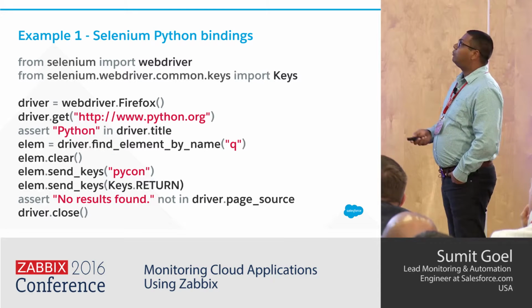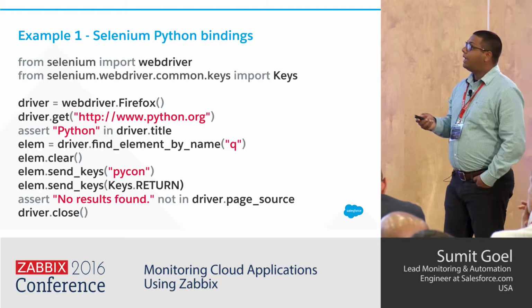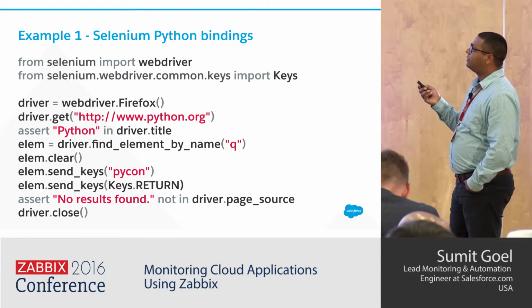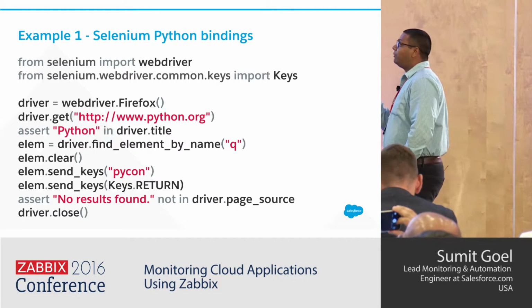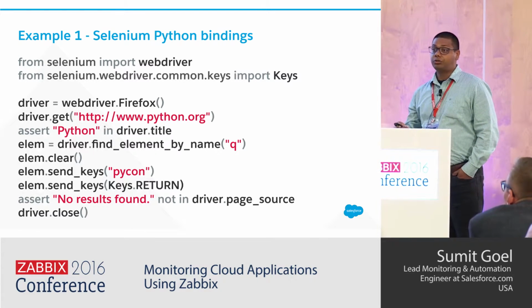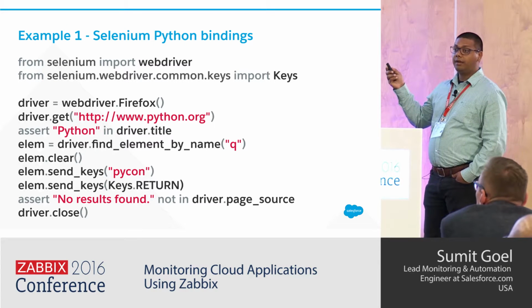Here is one of the examples that I got from the Selenium Python bindings documentation, and there are two things that I wanted to highlight in this diagram. The first thing is that this program is going to automatically open the Firefox browser and browse the python.org website.